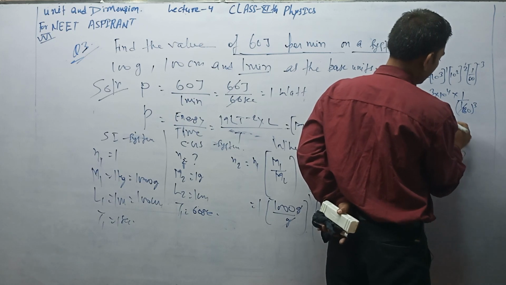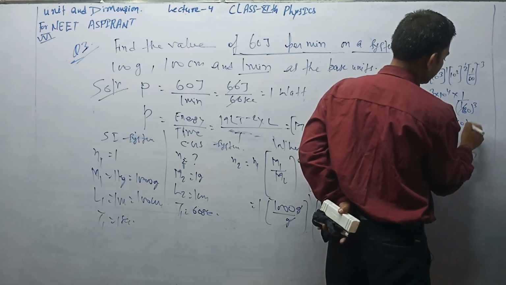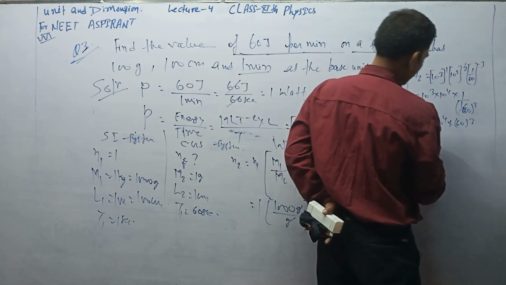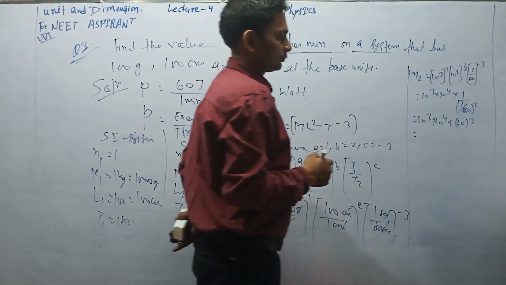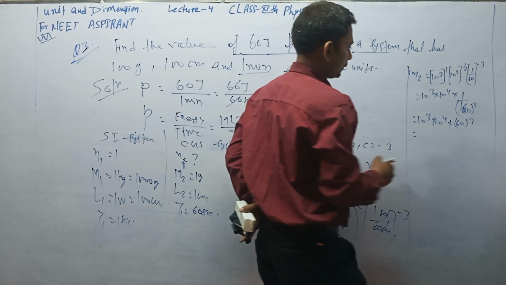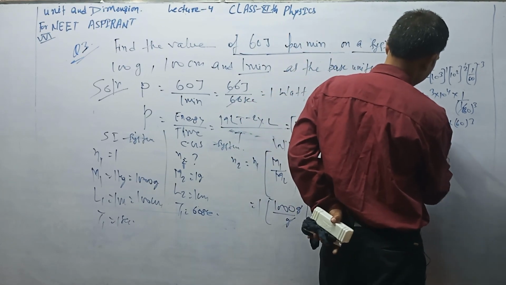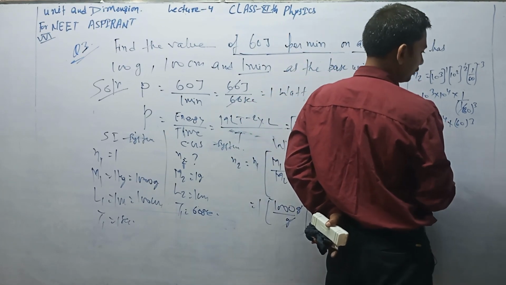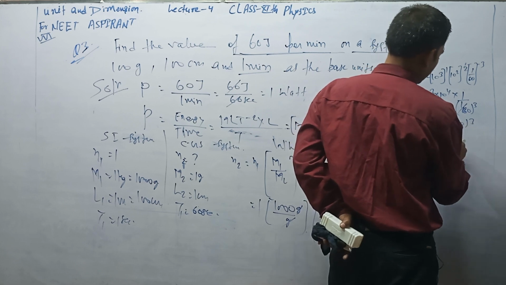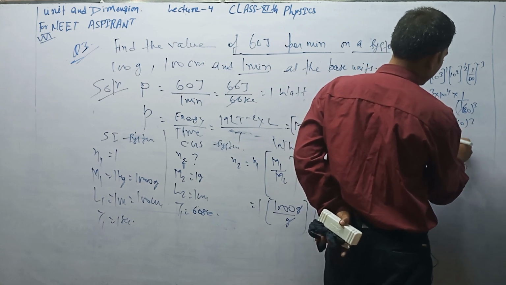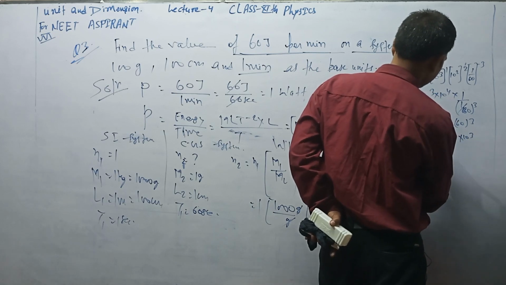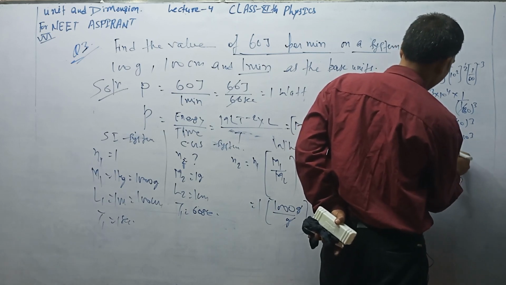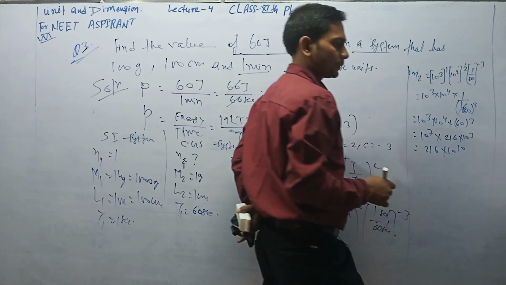Convert 60 to the power 3, so 10 to the power 7 into 216 10 to the power 3, that means 216 into 10 to the power 10.